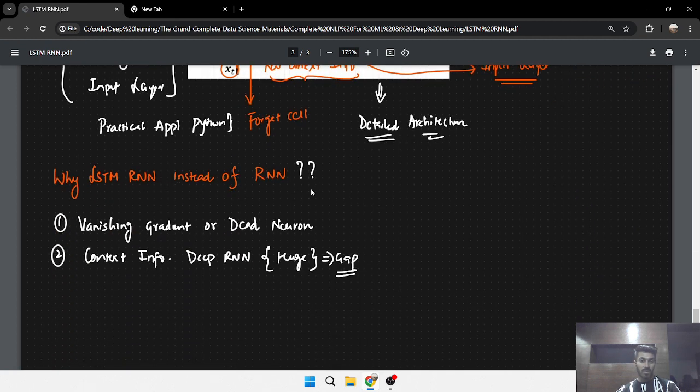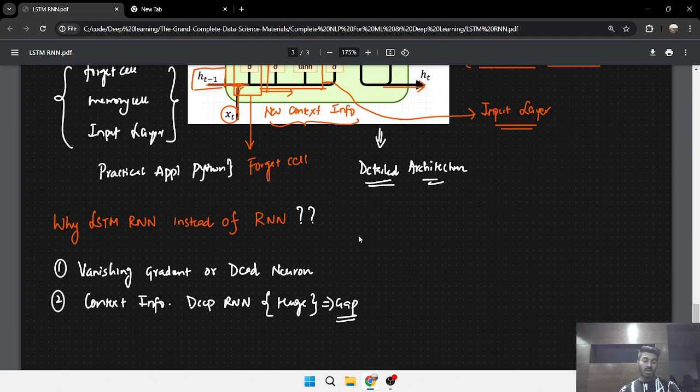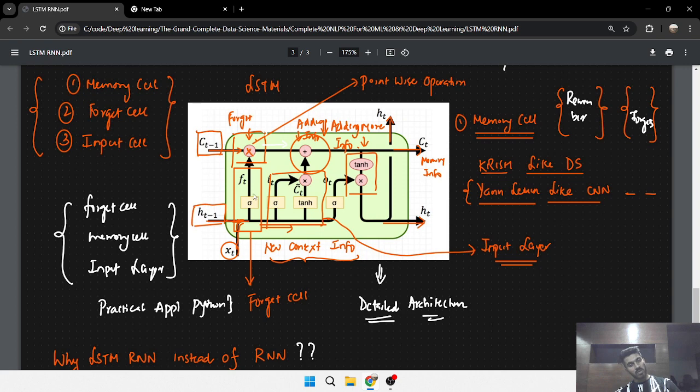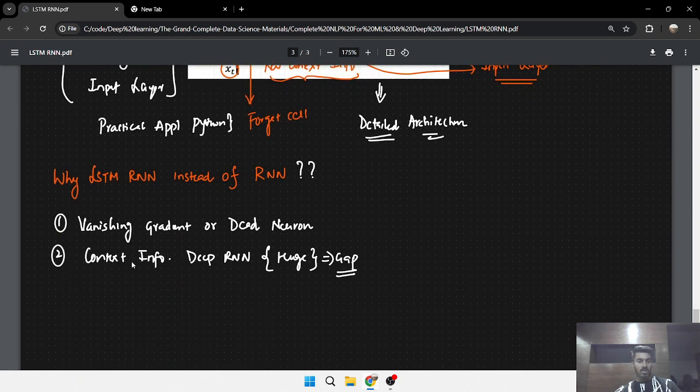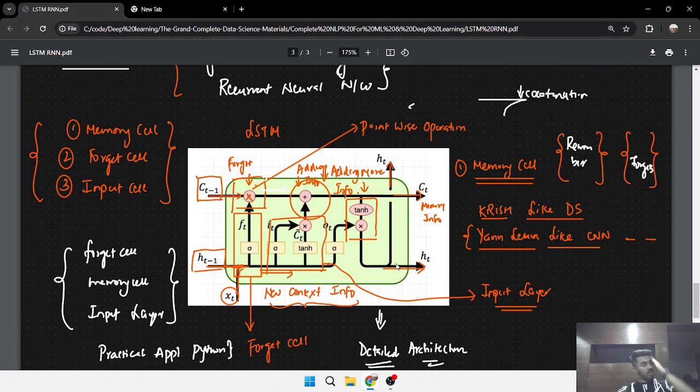Why LSTM instead of RNN? Yeah, so this is the question. In RNN, we have already seen that there is a vanishing gradient problem or dead neuron problem. This problem is solved by LSTM because we are applying sigmoid and tanh activation functions. Also, in RNN, basically recurrent neural network, if your sentence length is very huge, then the context can't be remembered, like who or whom I have to refer to.